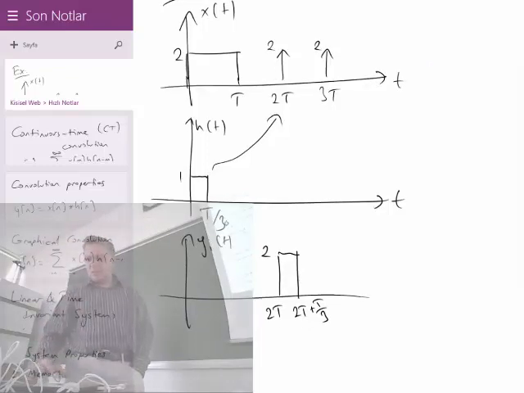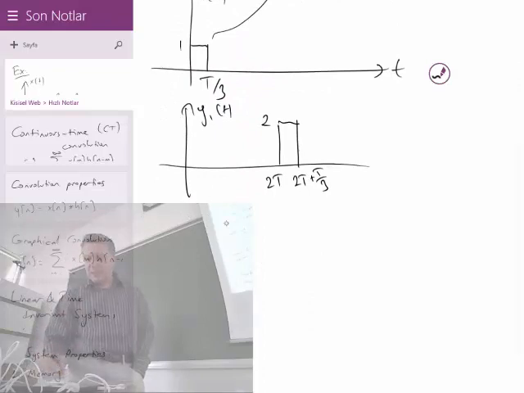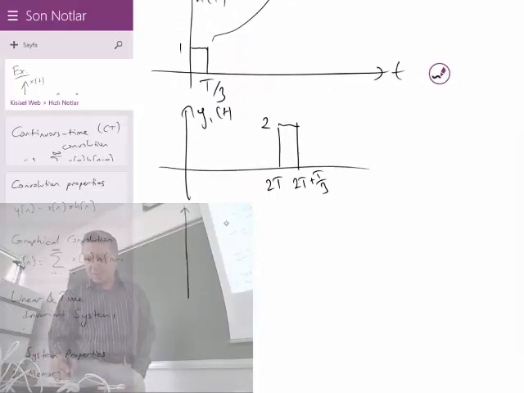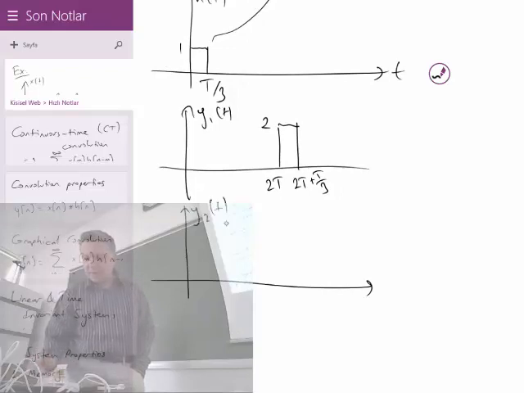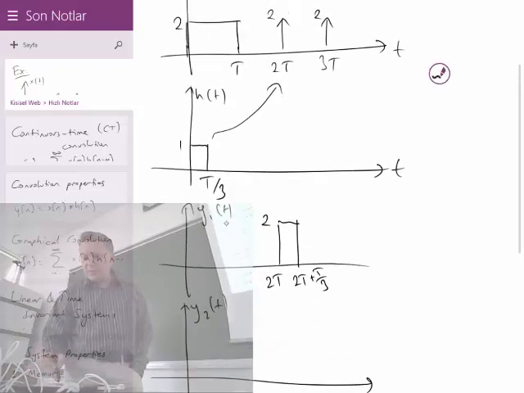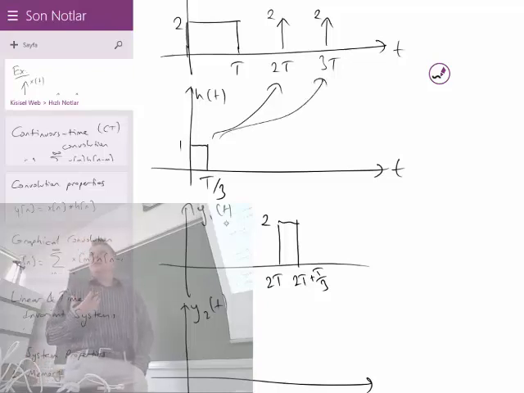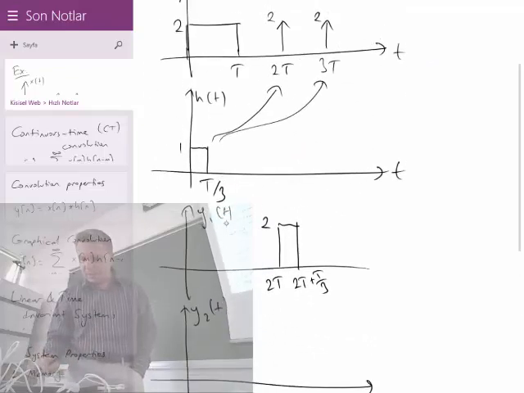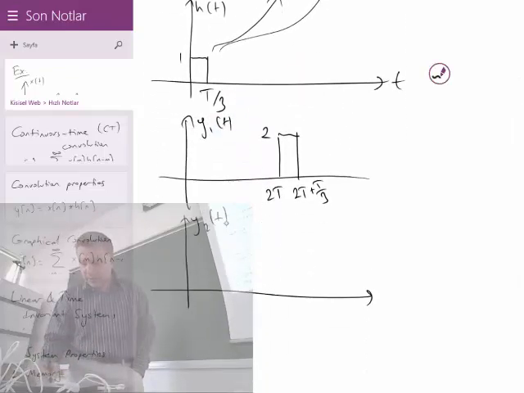So this is one component, y1 of t. The other component, let's call y2 of t, will now shift the original input signal to the position of 3T. So it will be somewhere here.